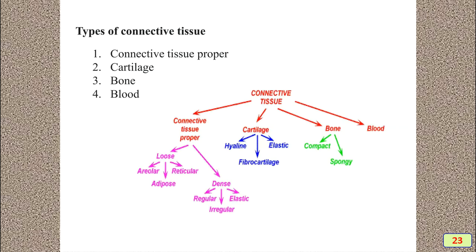Here you can see the diagrammatic representation of the connective tissue. The connective tissues have connections between the cartilages, like hyaline cartilage and also elastic cartilage. Apart from this, the fibrocartilages are also there.